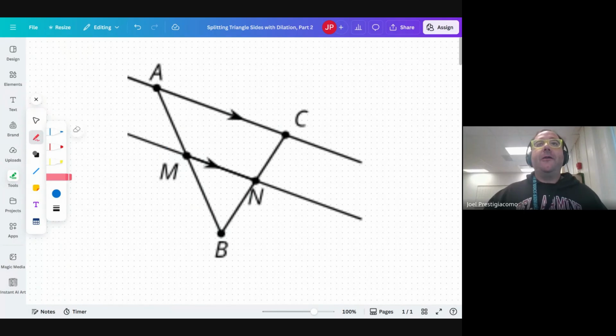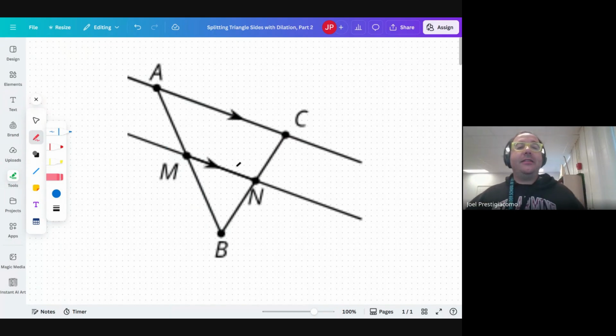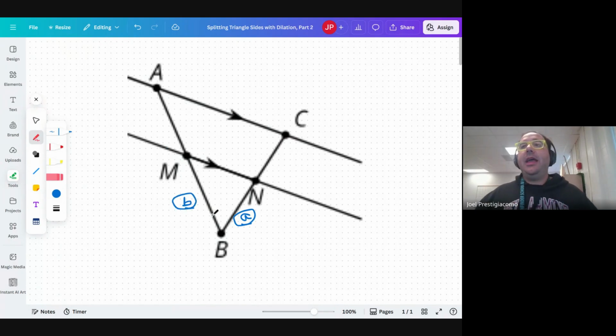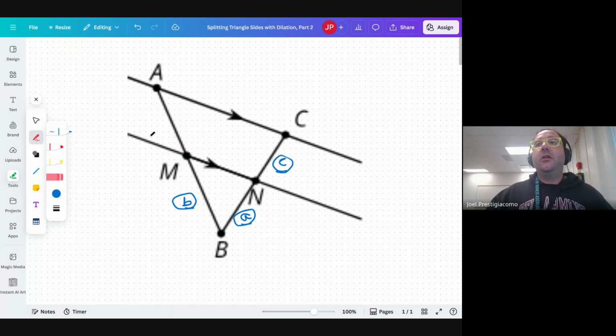Long story short, what they found is that when we look at this, there's actually some steady proportion between the parts of these triangles. So if we look at our small triangle, let's label this A and B. That this is going to be in proportion to these sides as well.